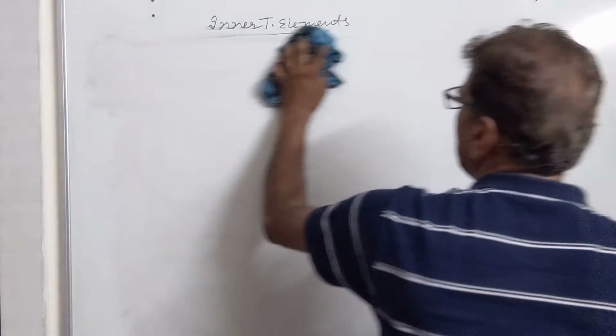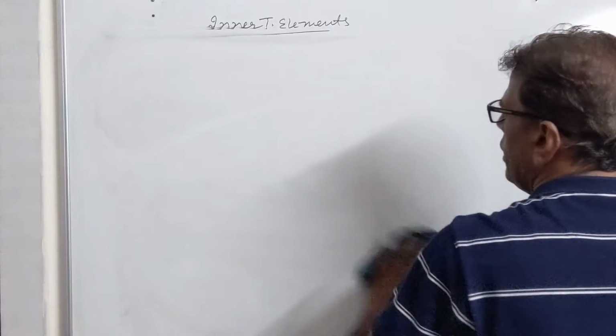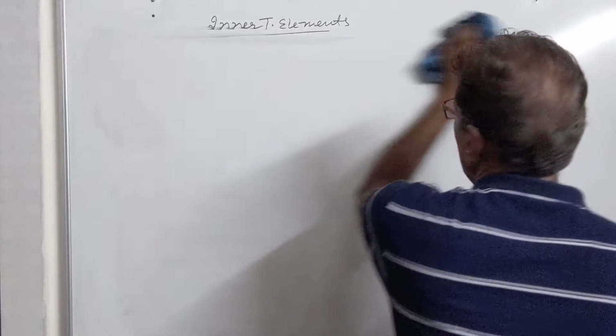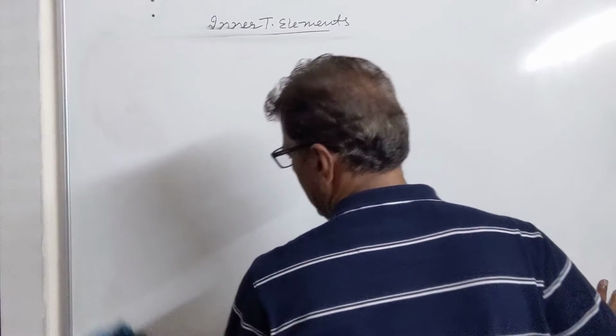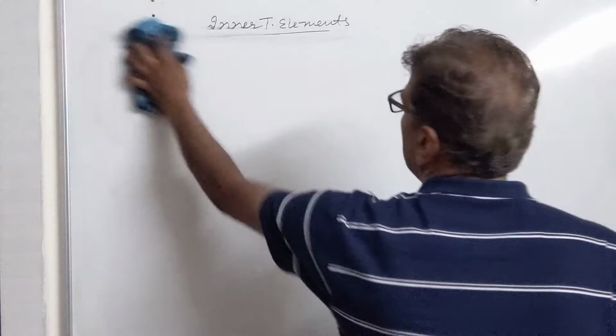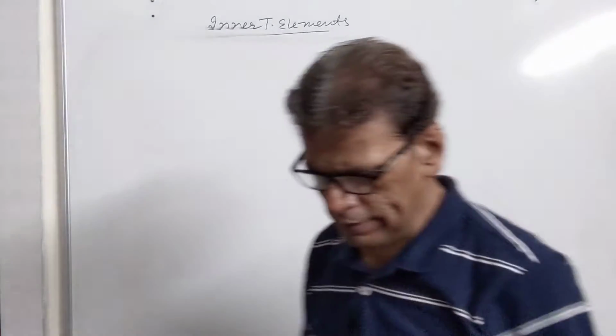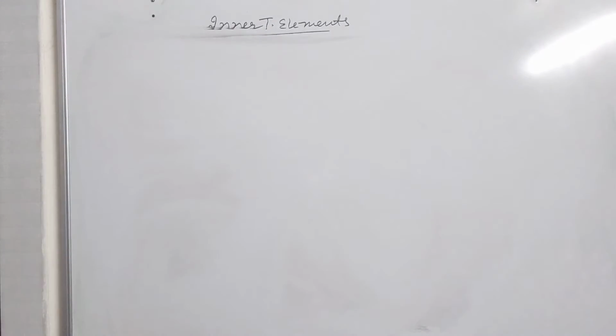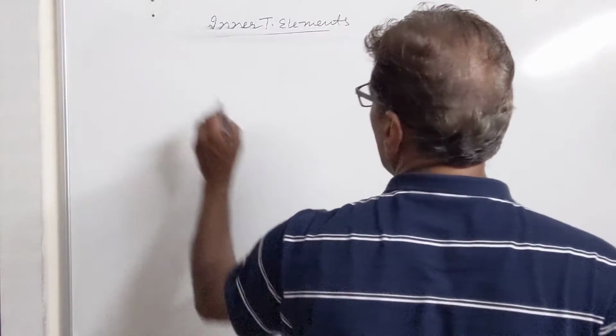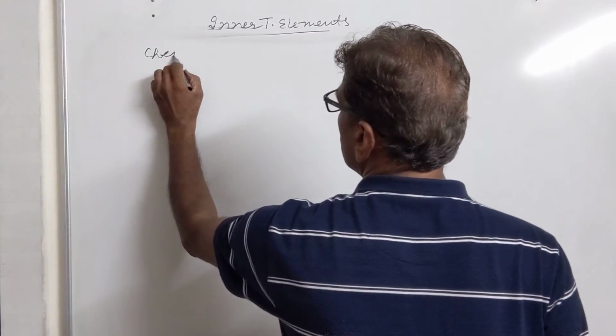So coming to their chemical properties, as we have discussed the chemical properties of transition elements, in those elements we discussed oxides, halides, sulfides. Here also we will discuss the same: oxides, halides, sulfides. So first of all, we take action of oxygen.